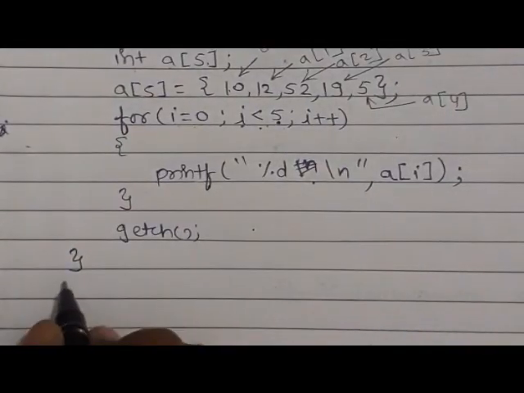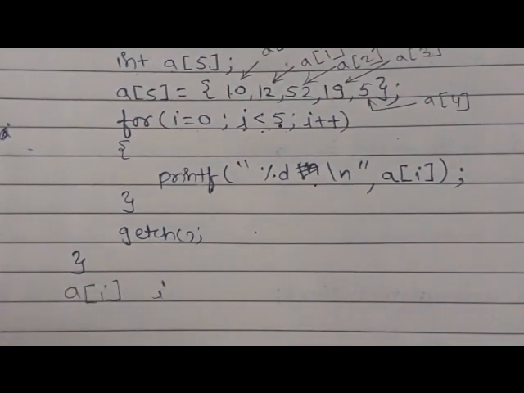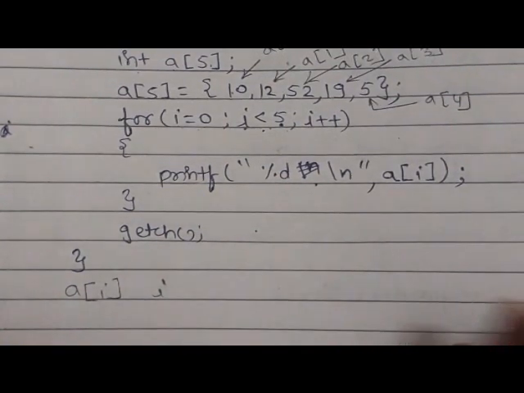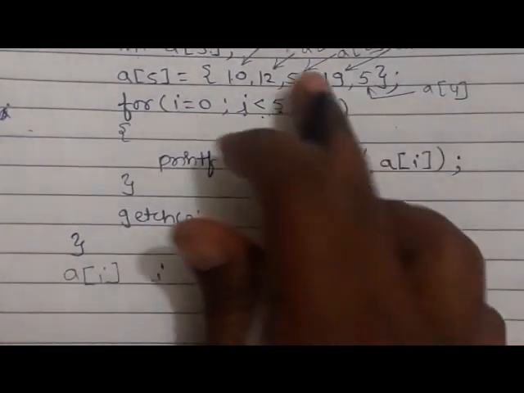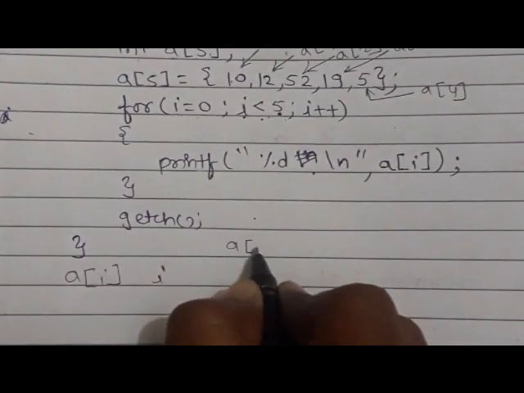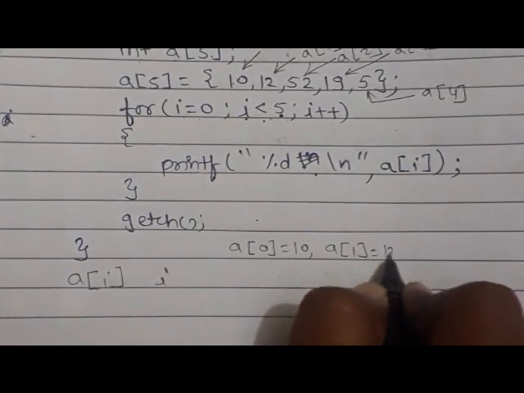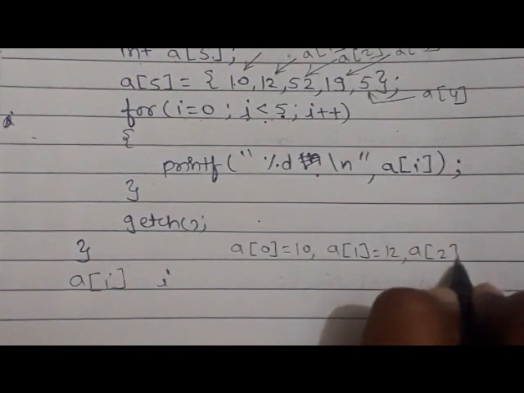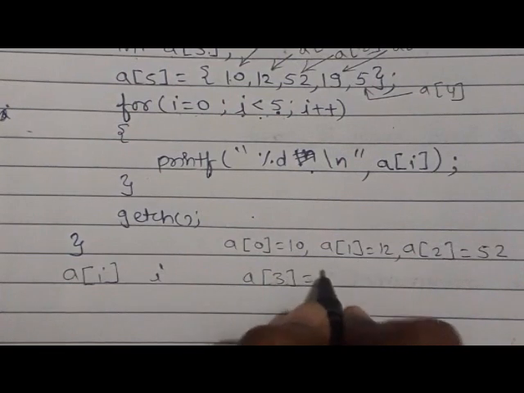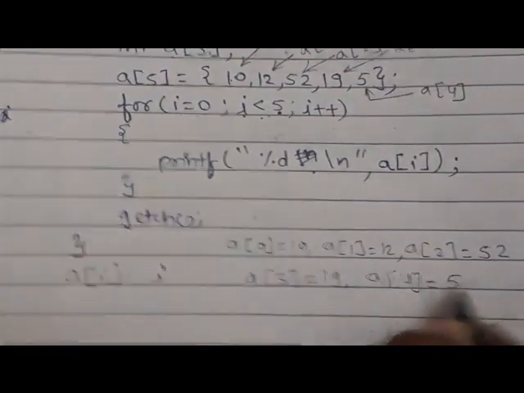So for that purpose I will write here a of I and I. Now here we will write all these values. a of 0 is 10, a of 1 is 12, a of 2 is 52, a of 3 is 19, and a of 4 is 5.